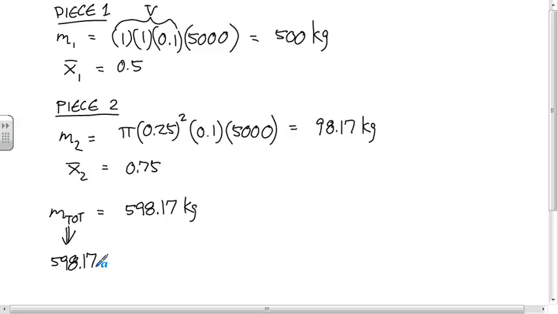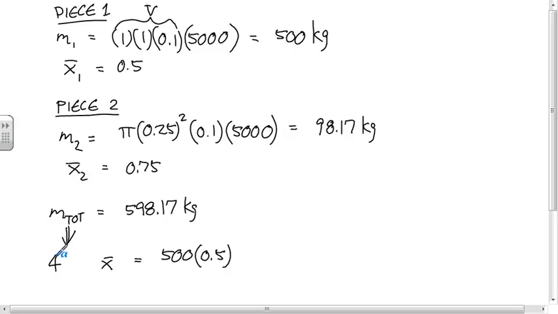598.17 times the center of mass that we're looking for is equal to 500 times 0.5. Oh, I should have subtracted, not added. Sorry about that.